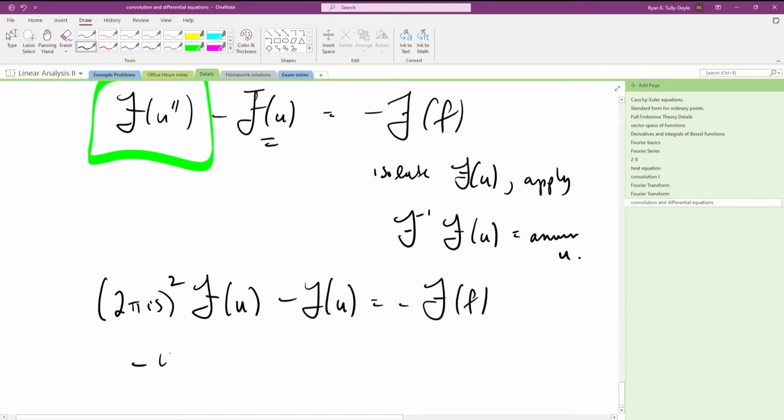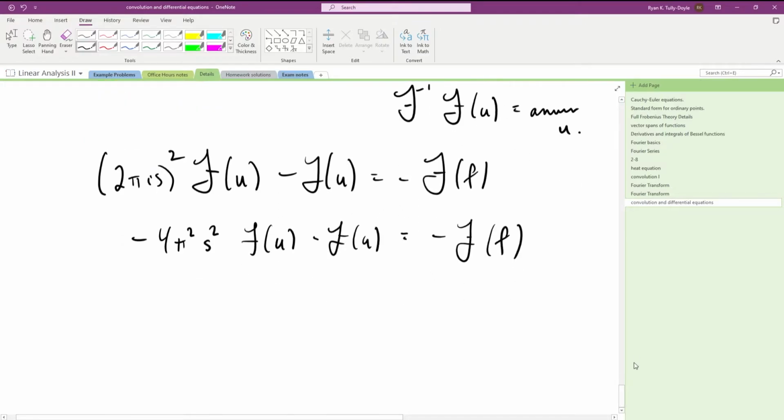And that means that minus 4 pi squared s squared times the Fourier transform of u minus the Fourier transform of u is equal to minus the Fourier transform of f.